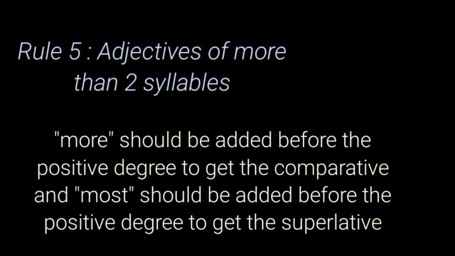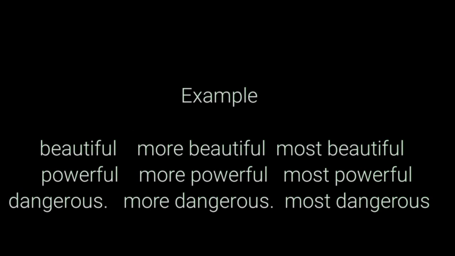In such cases, more should be added before the positive degree in order to get the comparative, and most should be added in order to get the superlative degree. Some examples: beautiful, more beautiful, most beautiful; powerful, more powerful, most powerful; dangerous, more dangerous, most dangerous.